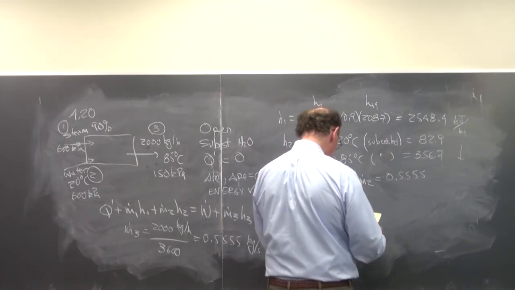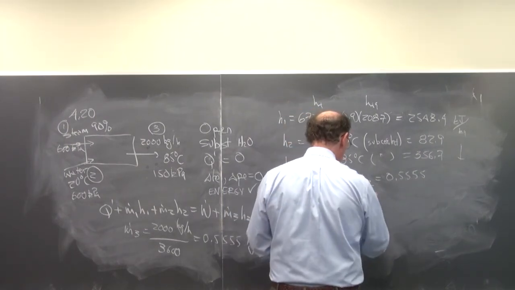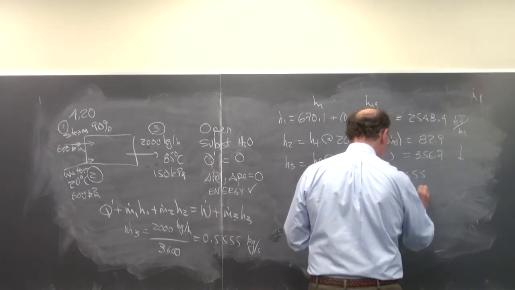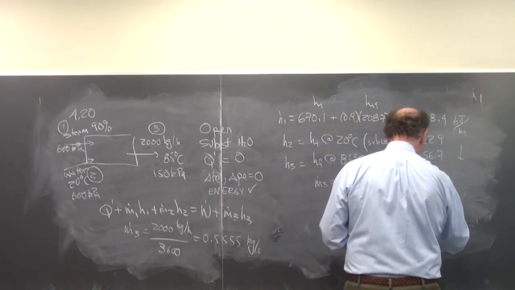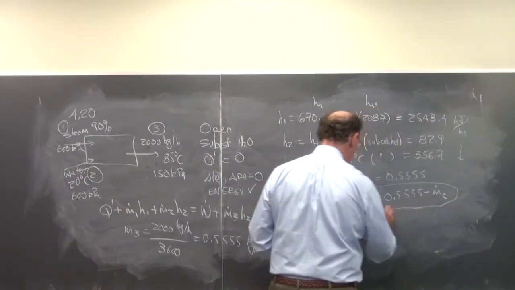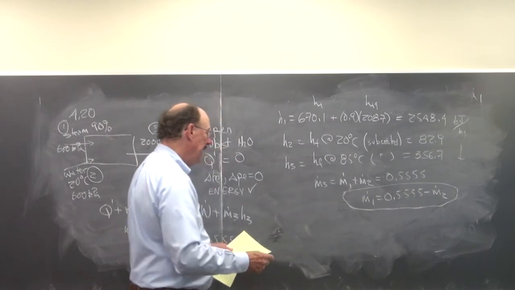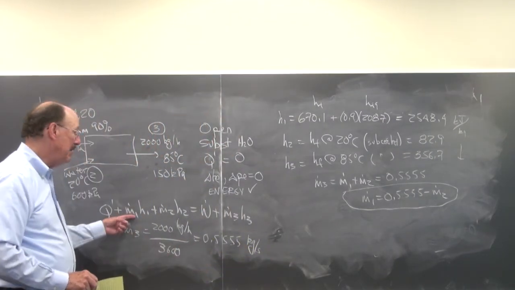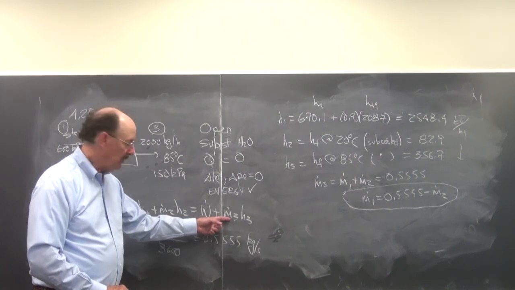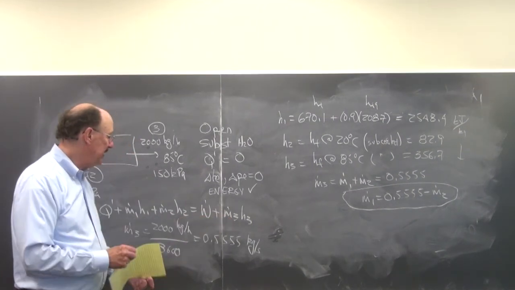And so I can solve this, and m dot 1 is 0.55555 minus m dot 2. So now I can take this and substitute it in for m dot 1. m dot 3 I know is a number, and I know all the enthalpies.